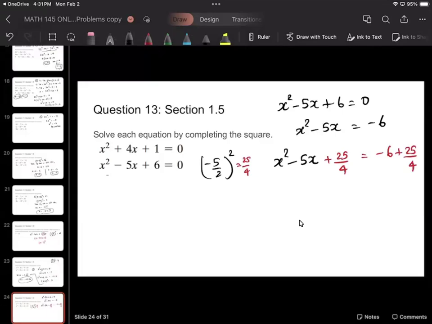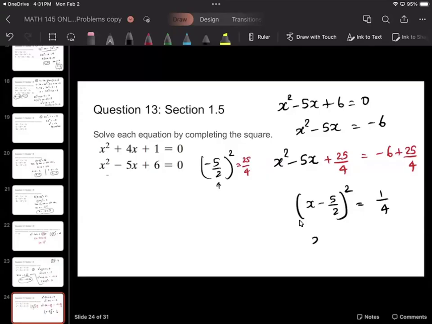So my left side is a perfect square of this. So the number that comes here is always this number, okay? And then this one is 1/4 because negative 6 times 4 is negative 24. Negative 24 plus 25 is 1, so 1/4.